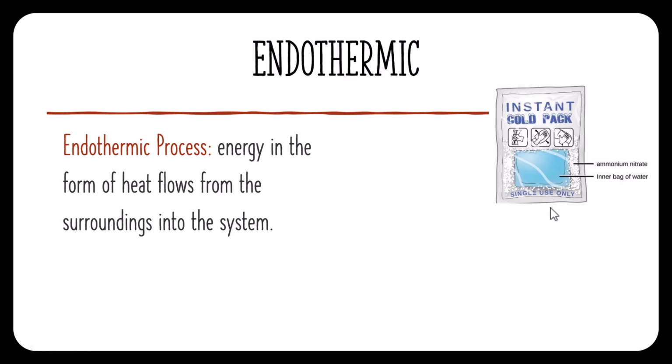Let's look at the other side of the coin here. Let's look at an endothermic process. In an endothermic process, heat is entering into the system. So energy in the form of heat flows from the surroundings into the system. So again, we're going to look at the change in energy for this chemical reaction. We're going to look at products minus reactants.